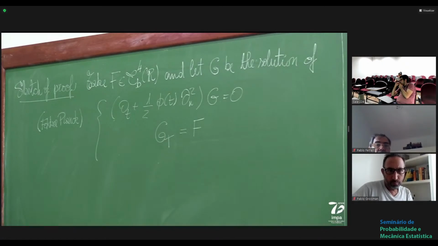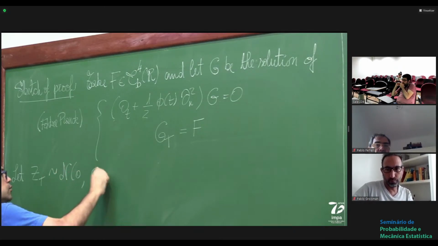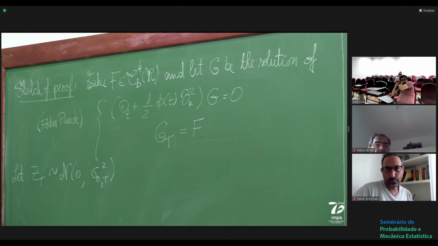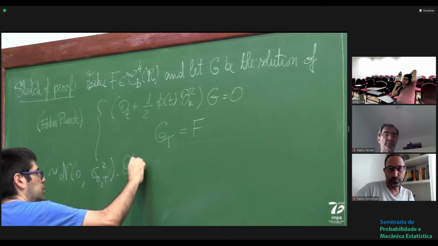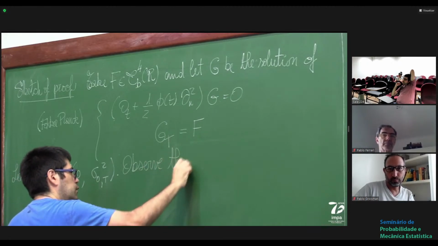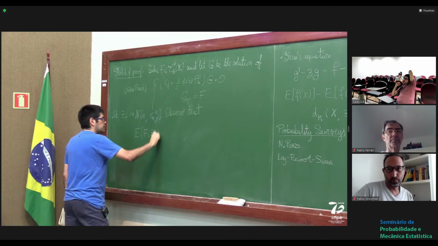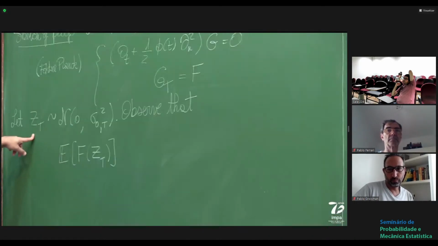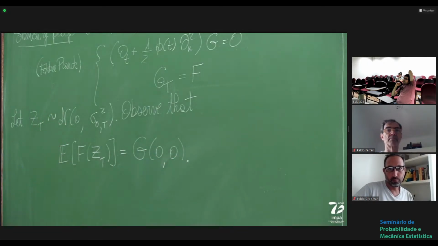Let me take a random variable Z_t with Gaussian law, with our target variance. That's the variance that appears there. You can observe that the expectation of the function f with respect to this random variable is actually equal to g of 0, 0.